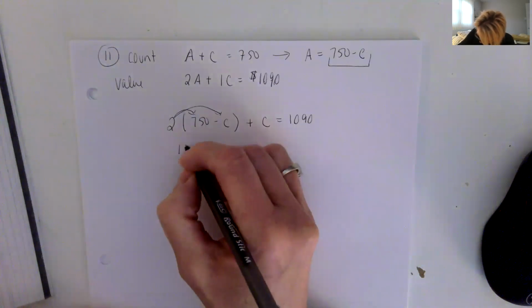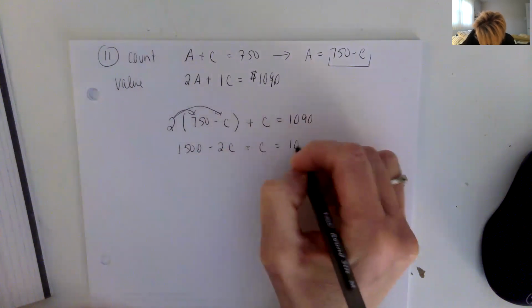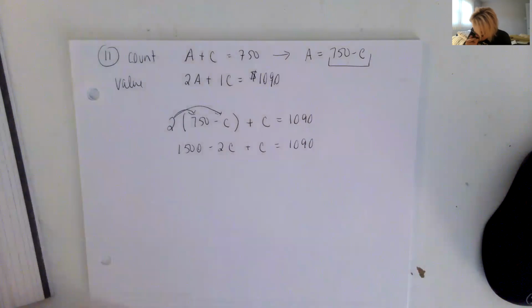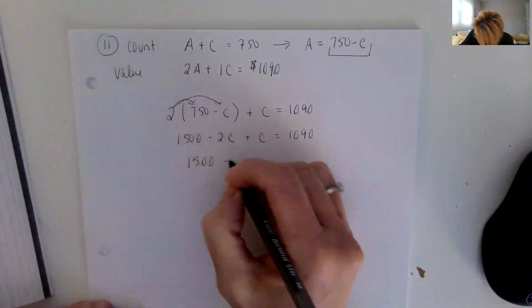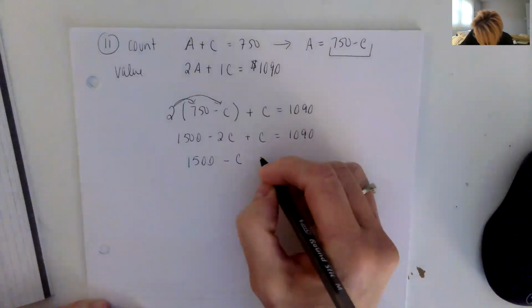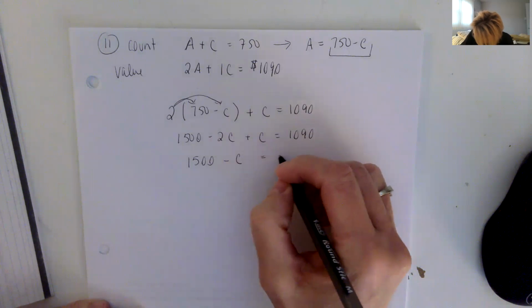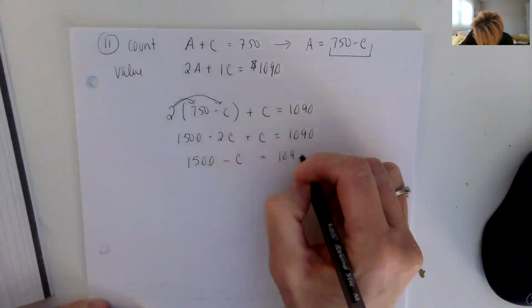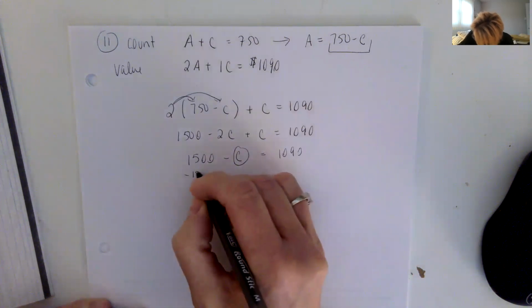So we have 1,500 minus 2C plus C equals 1090. So 1,500 minus C equals 1090. And we're solving for C, so I'm going to subtract 1,500.